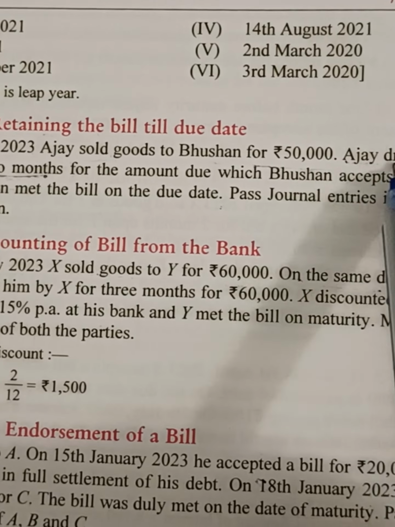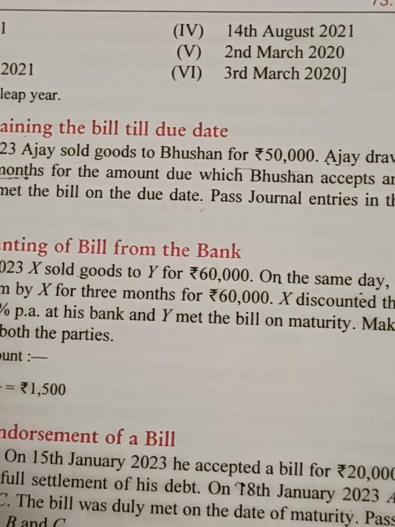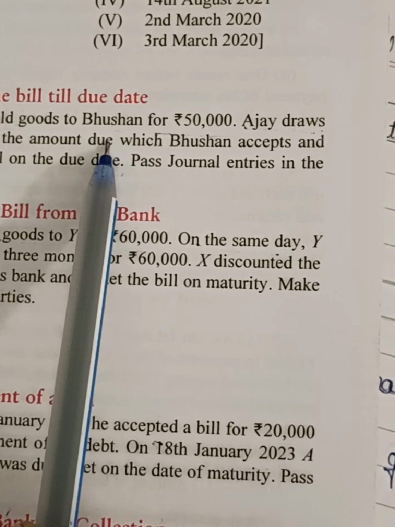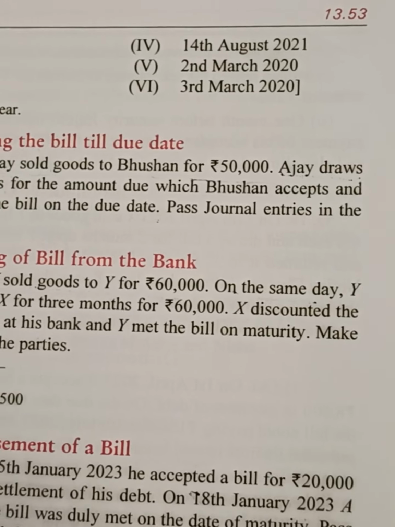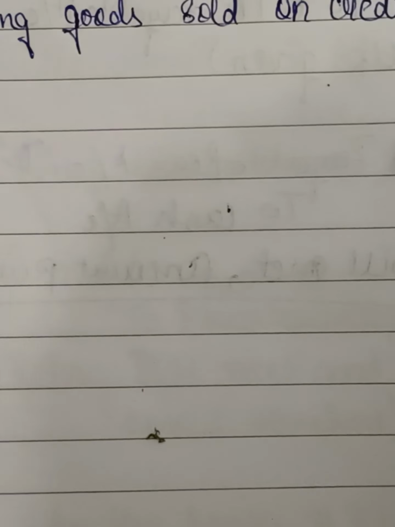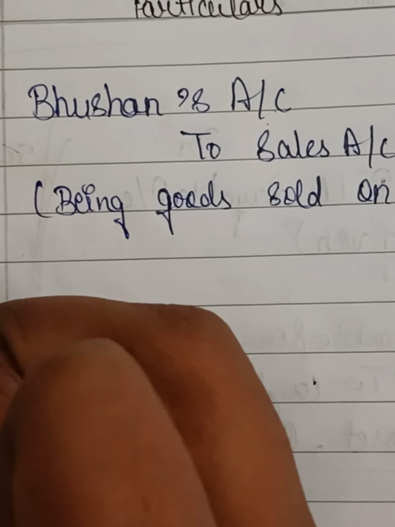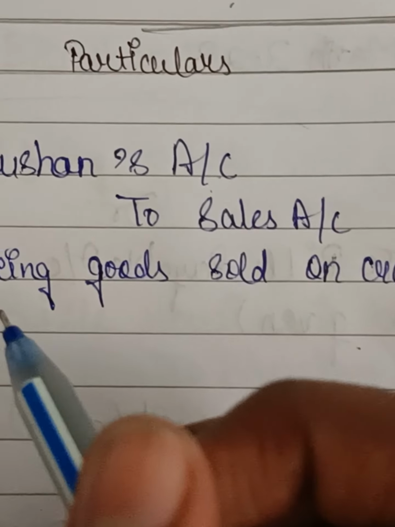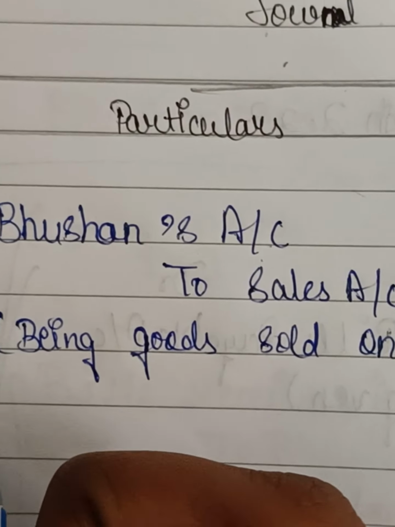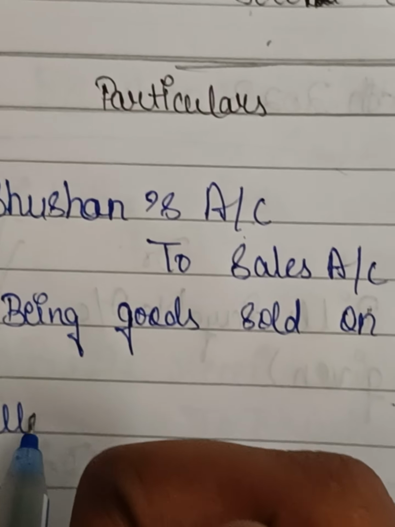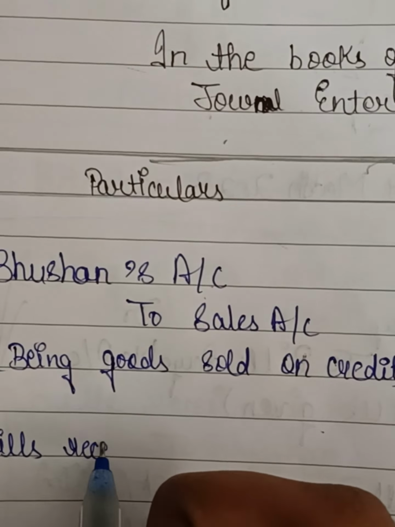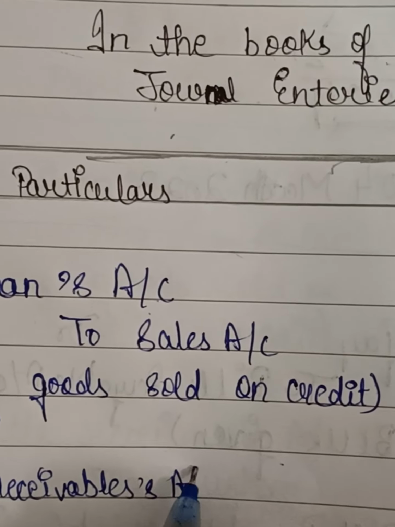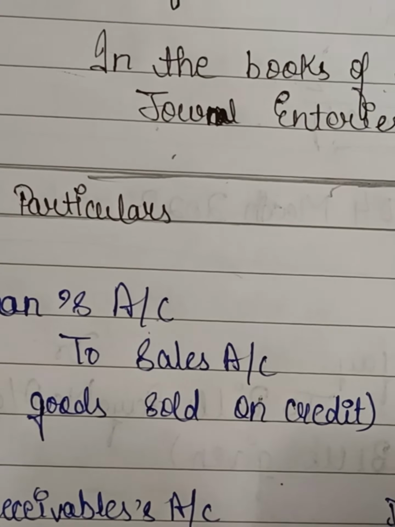Then Ajay draws a bill of exchange for 2 months for the amount due, which Busan accepts and returns to Ajay. So on the same date, January 1, what did he receive? He received a bill. So bills receivable account debit.